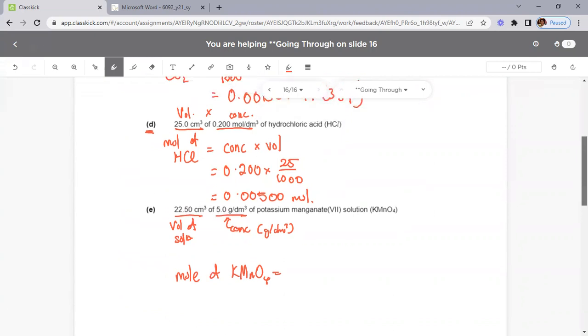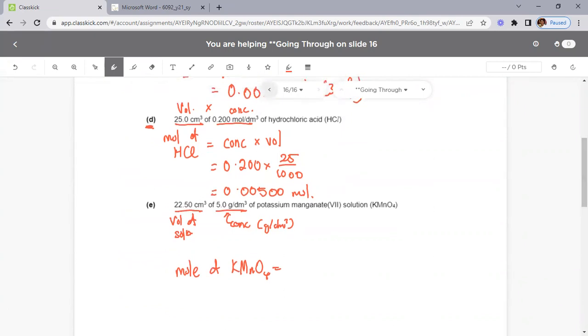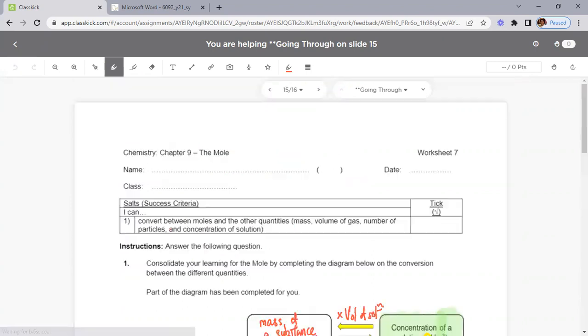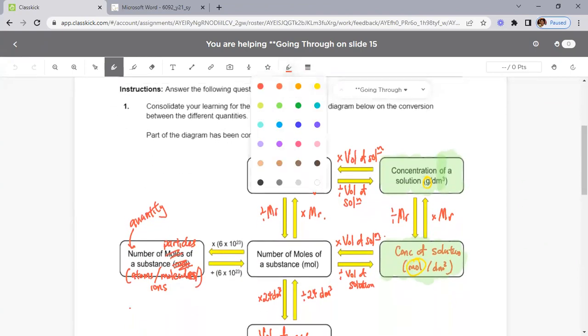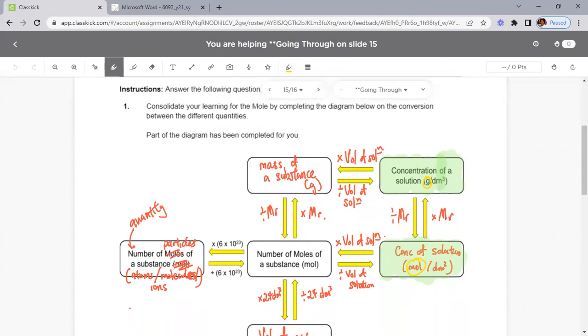I want us to go back to the diagram that we have on the previous page. What's given to me is concentration, and I want to end up in mole. So one way is to look at this diagram. You know that this is the start, and you want to end with number of moles.